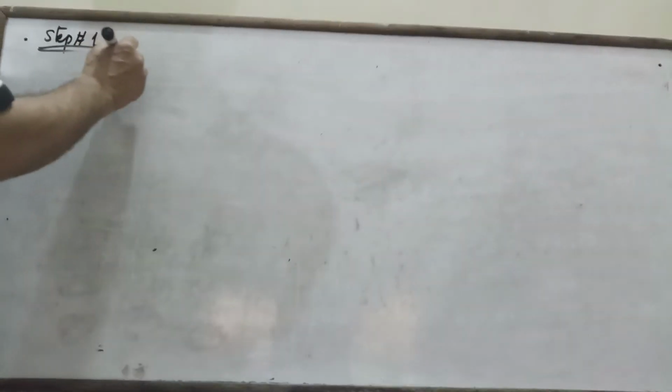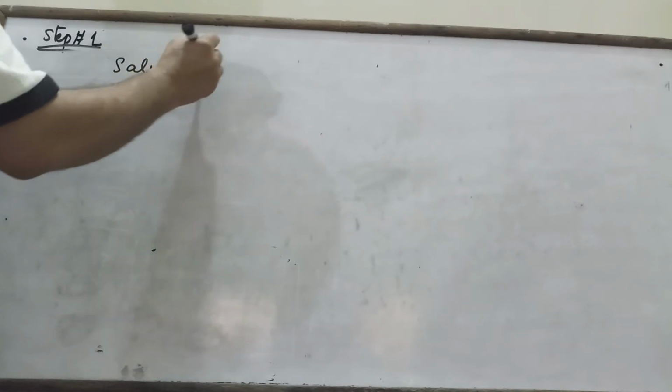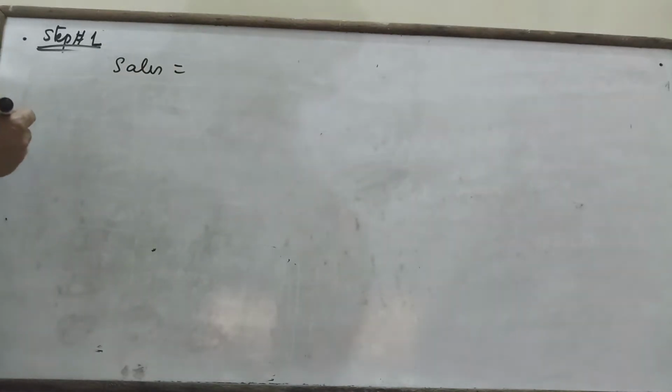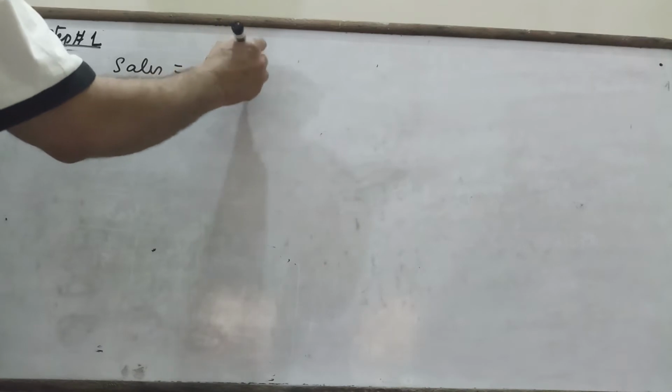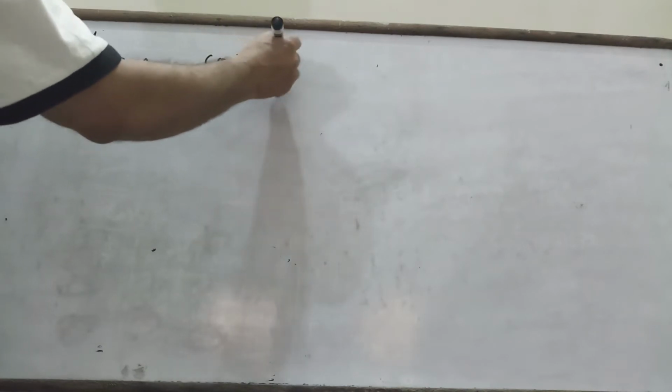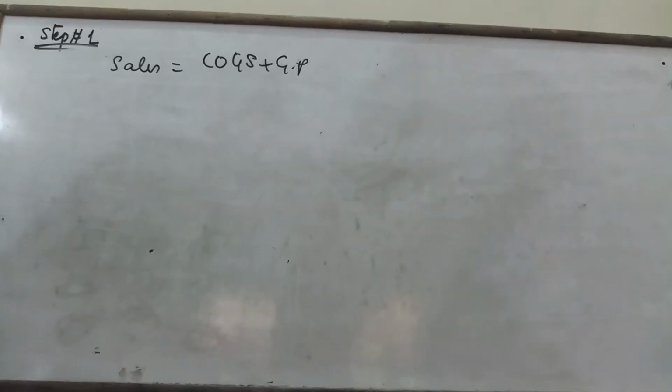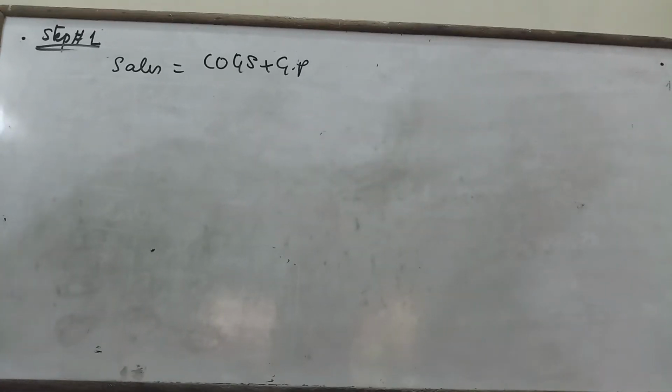Okay. For example, we know that sales is equal to cost of goods sold, COGS, plus gross profit. We know that gross profit is also equal to gross profit markup or margin.